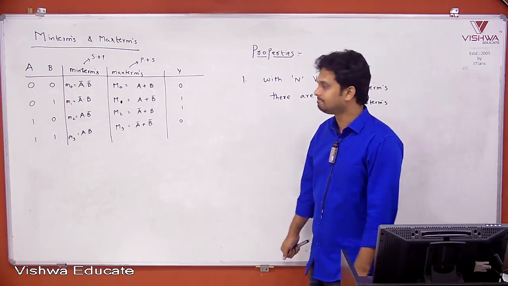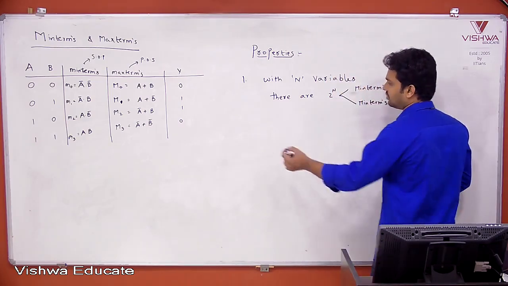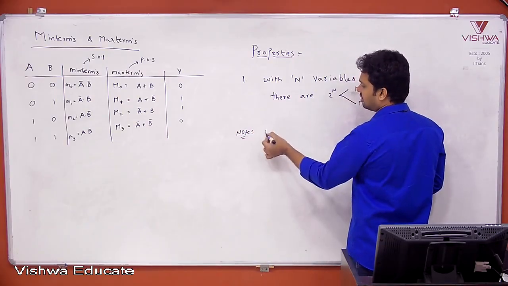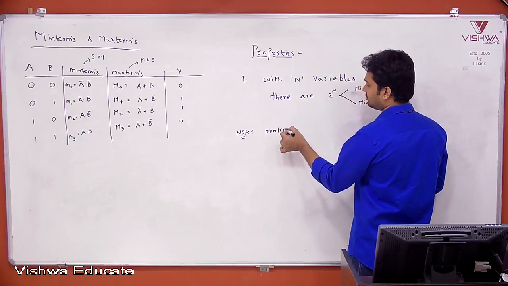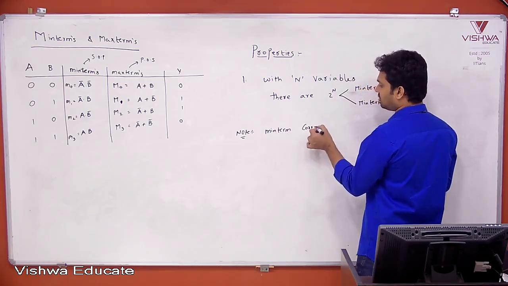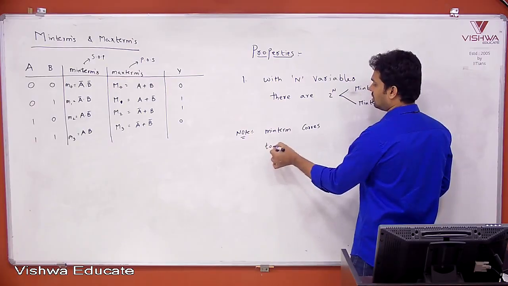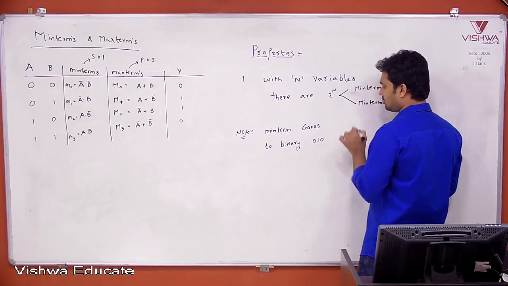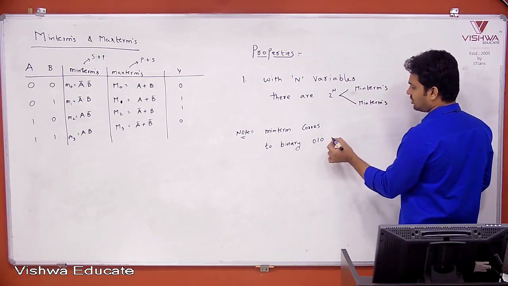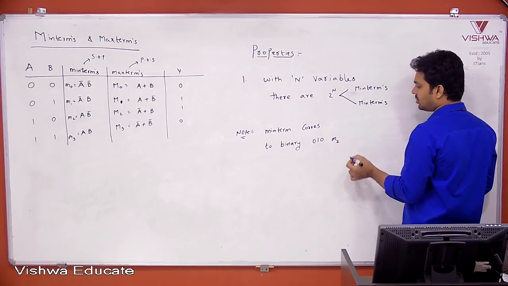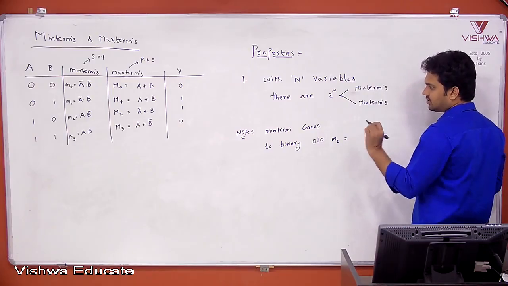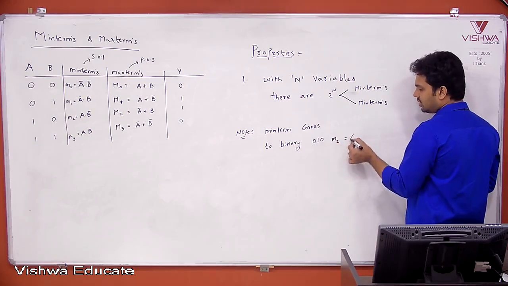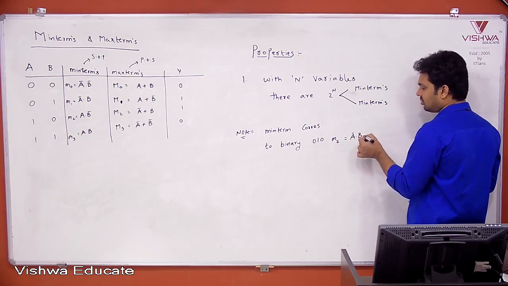Okay, write down next. Let us take one, make a note for understanding purpose. Minterm corresponding to binary 0 1 0, m2, just for understanding blindly how to say: when it is a minterm, 0 means we take bar, 1 means we don't take bar.